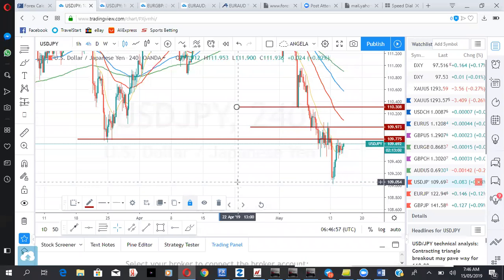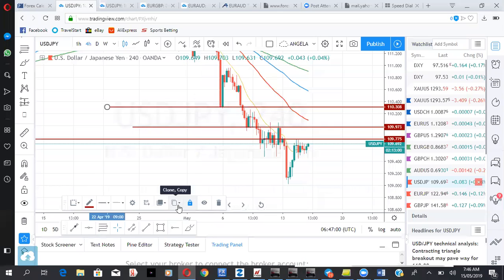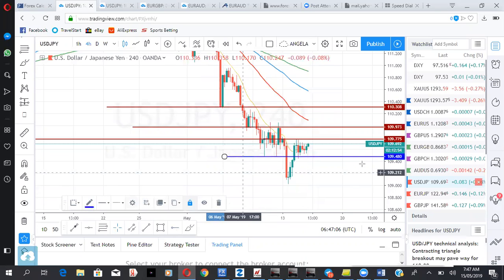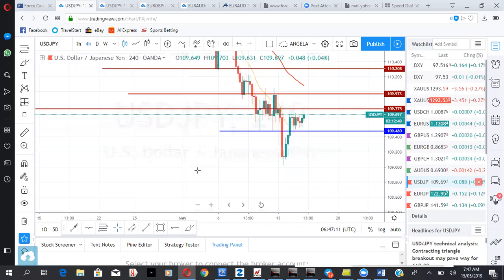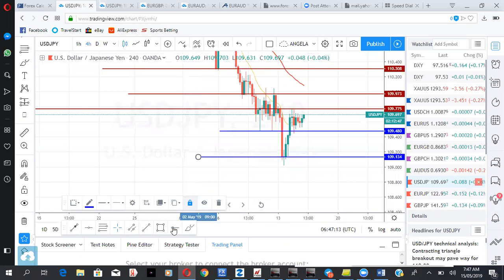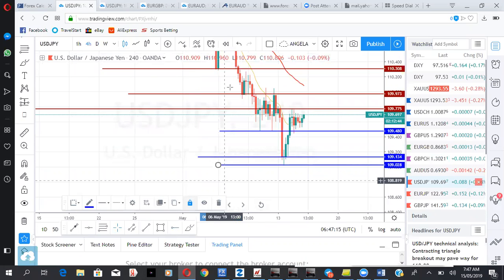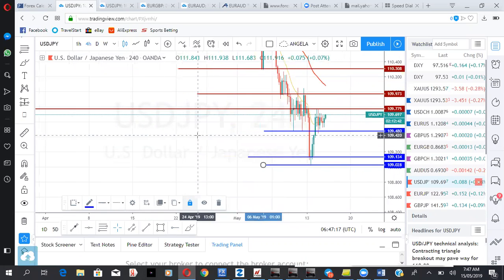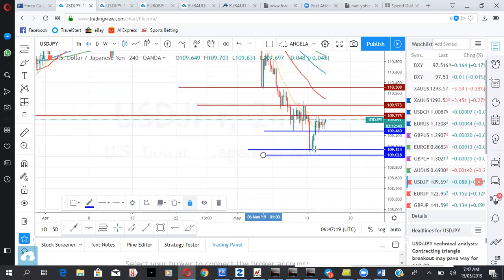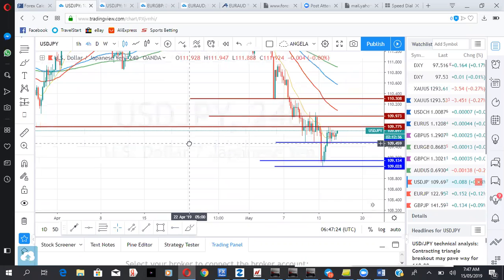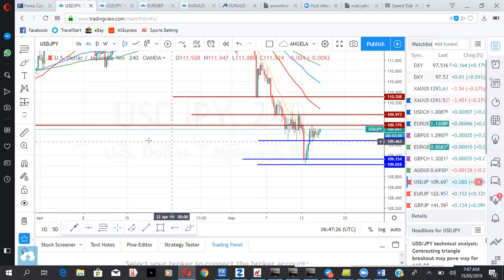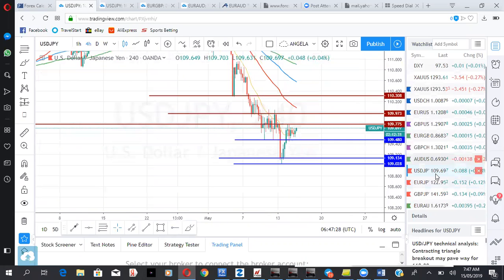Our first level of support comes in at 109.48. Second level of support comes in down here. So these are the possible areas of support or resistance on the USDJPY.